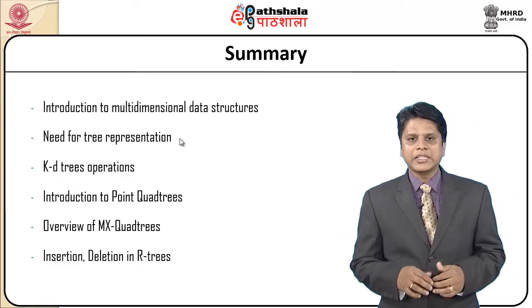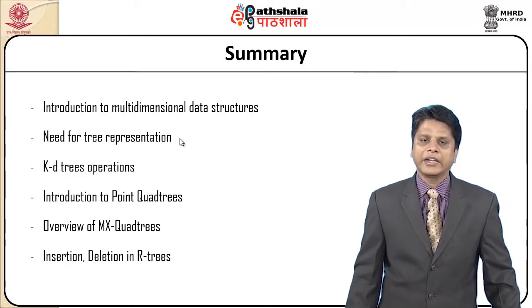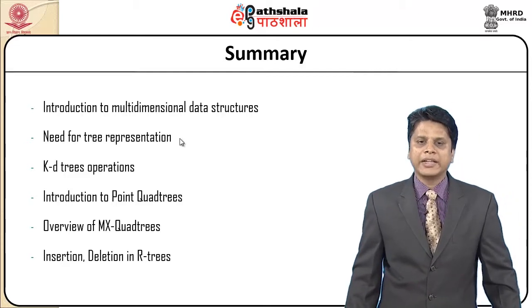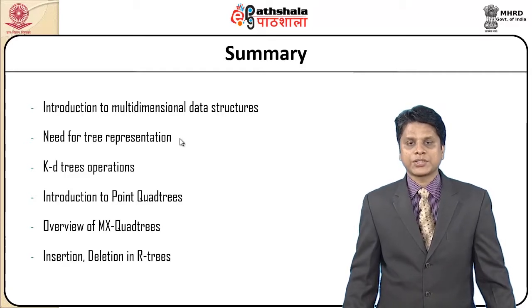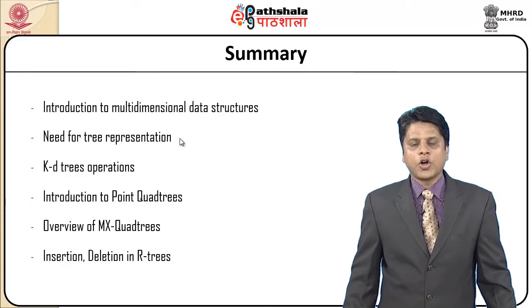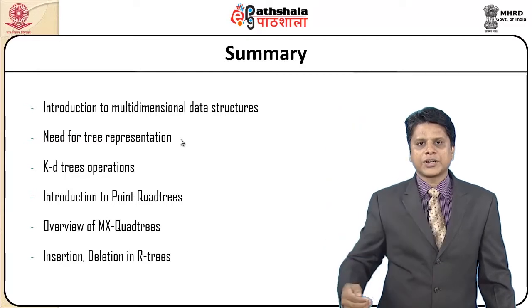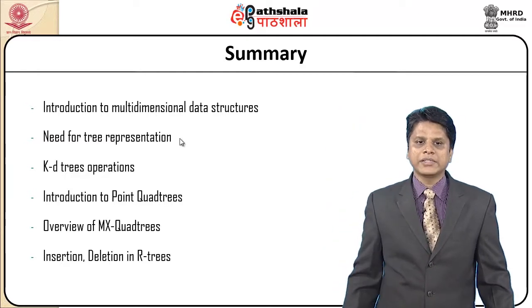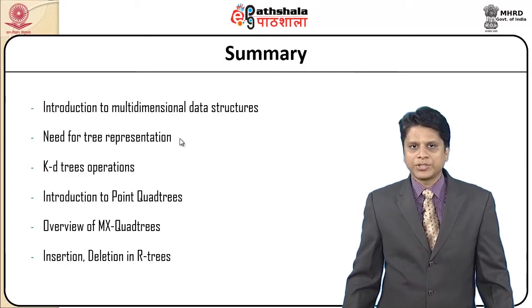So, in short, in these two sessions together, we have started indicating the need for multimedia indexing, and we have started talking about multidimensional data structures. We started with KD trees, and we assigned the order of K as 2, which is 2-dimensional trees, and we started plotting the tree structure of the 2-dimensional trees, and we talked about the insertion and deletion operations of the 2-dimensional trees.